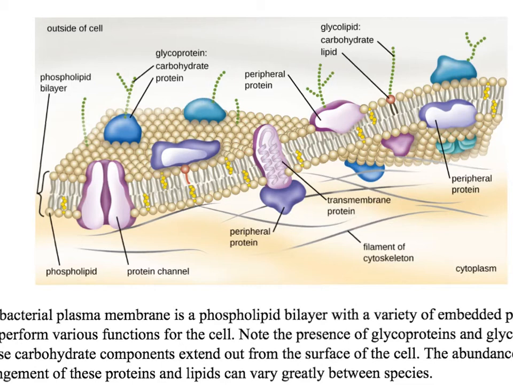A glycoprotein simply refers to a protein that contains polysaccharides attached to it. And on the inside of our cell here we've got a little bit of cytoskeleton, and bacteria do have a crude cytoskeleton. So we're outside the cell here, we're inside the cell here, and that's our basic membrane structure.